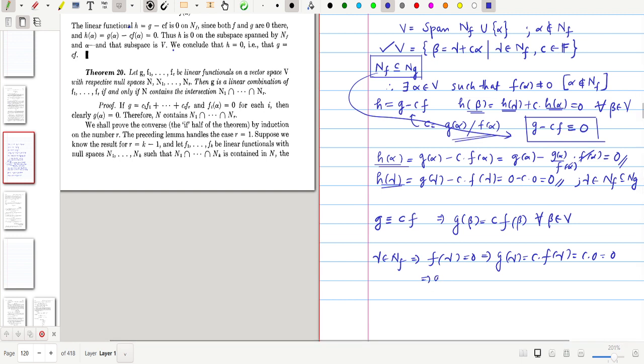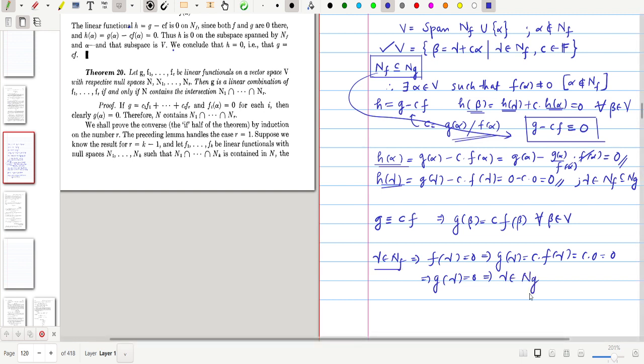This implies G of gamma is 0, that implies gamma belongs to NG. So whenever gamma belongs to NF, then gamma belongs to NG. This shows that NF is contained in NG. So this proves the lemma: NF is contained in NG if and only if G is equal to CF.